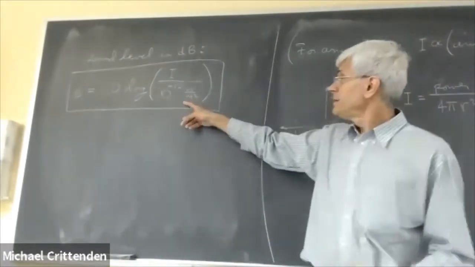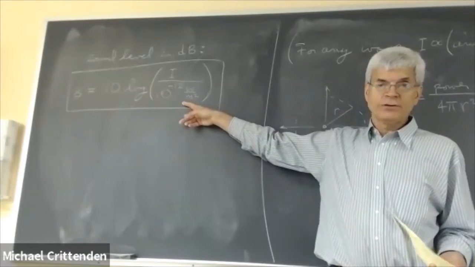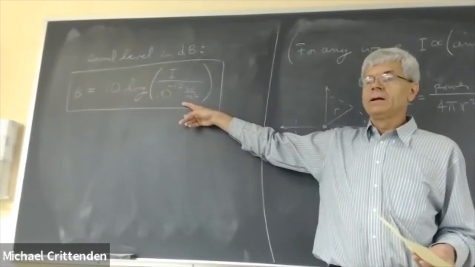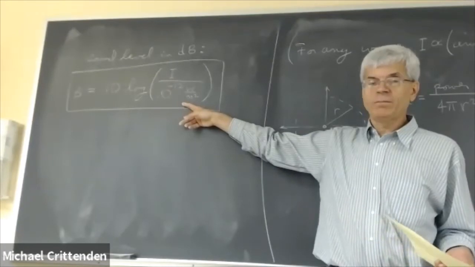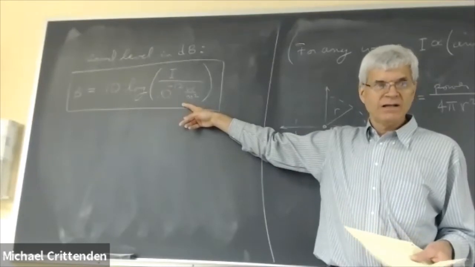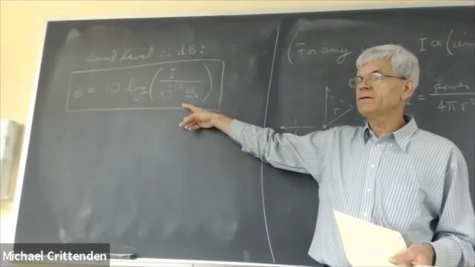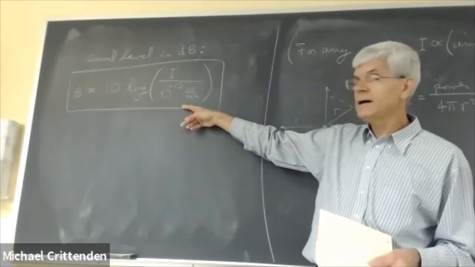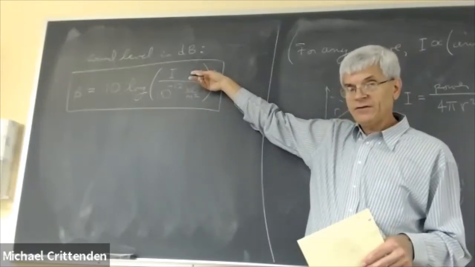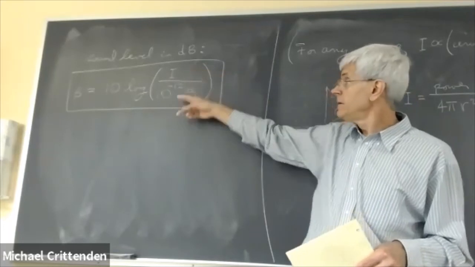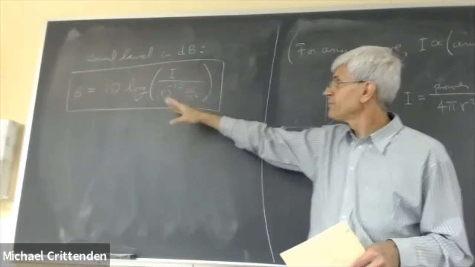So 10 to the minus 12 watts per square meter is an arbitrarily chosen reference intensity, chosen because it's been experimentally determined to be approximately the threshold of hearing, the minimum loudness that you can hear under optimum conditions. So the intensity of the sound you're listening to, you form the ratio of that intensity to this reference intensity.